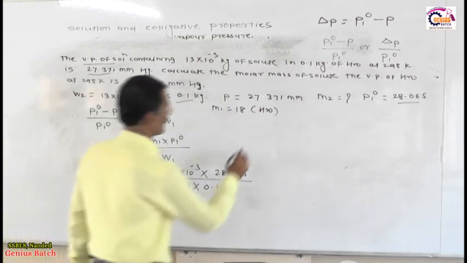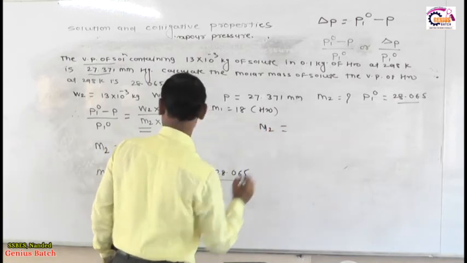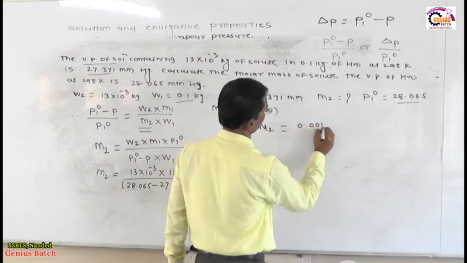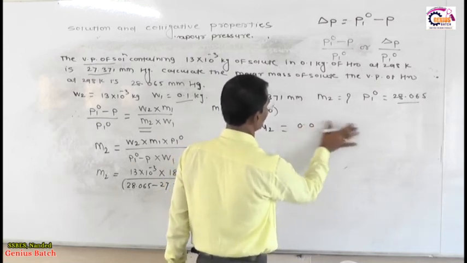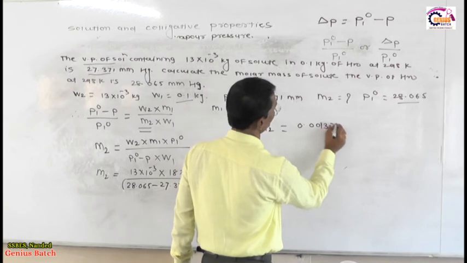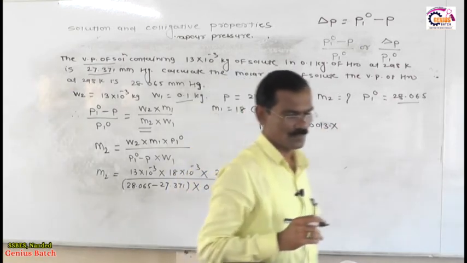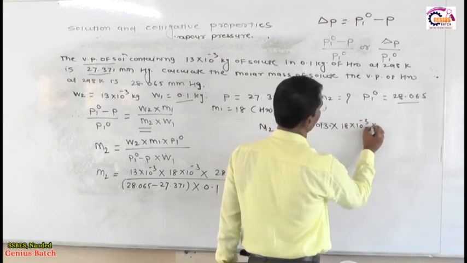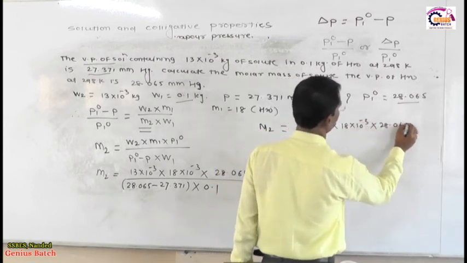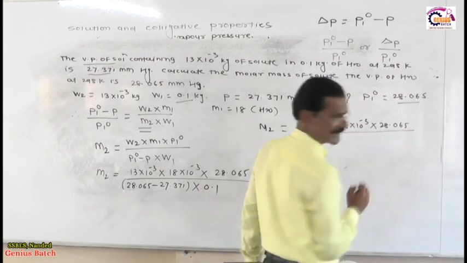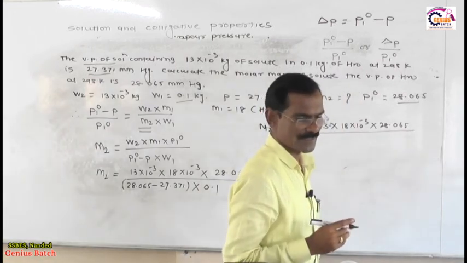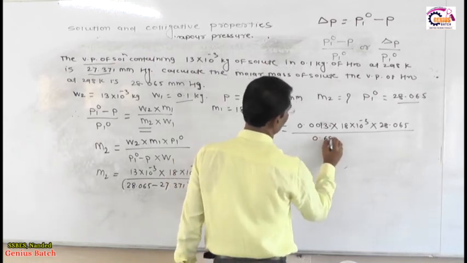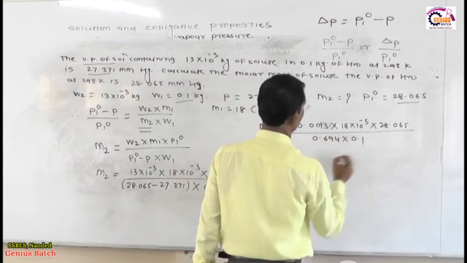The same equation becomes: M2 is equal to 13 into 10 raised to minus 3, which means 0.013, into 18 into 10 raised to minus 3 into 28.065, divided by 0.694 into 0.1.